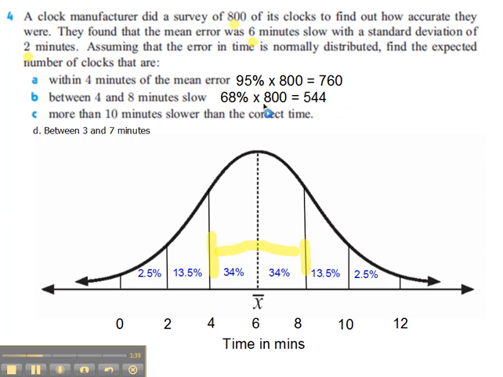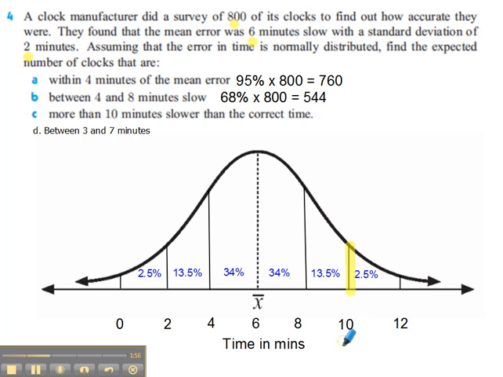And we multiply it by 800, and then we get 544 clocks. So that's pretty cool. So once again, all you do is fill in the information that you have and work out the percentages.